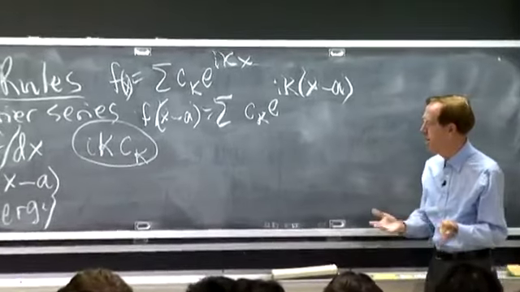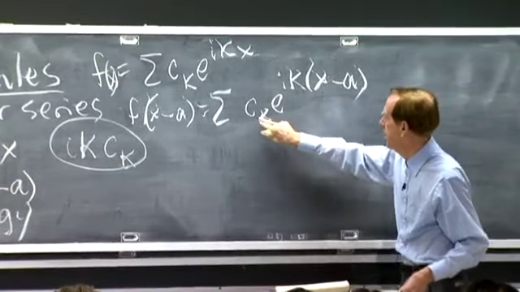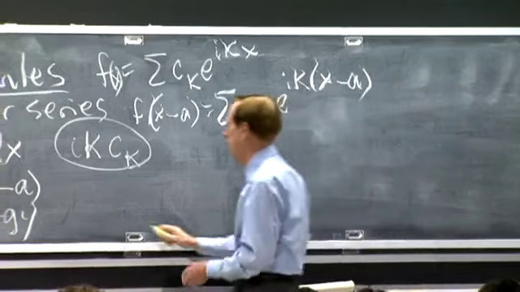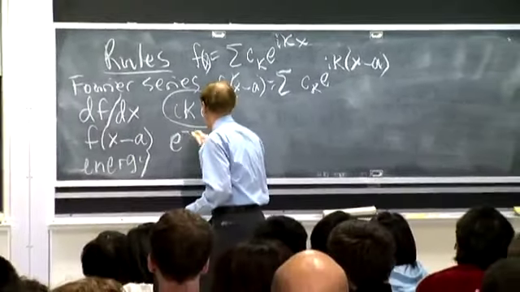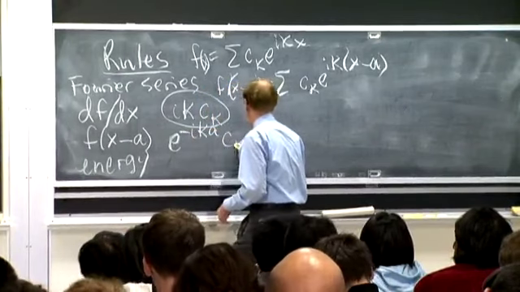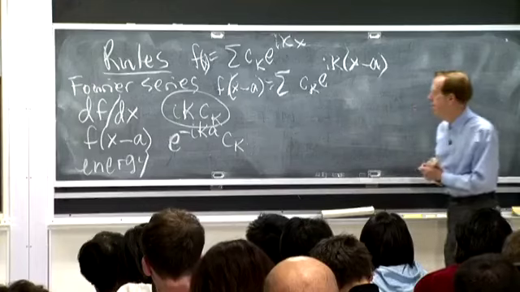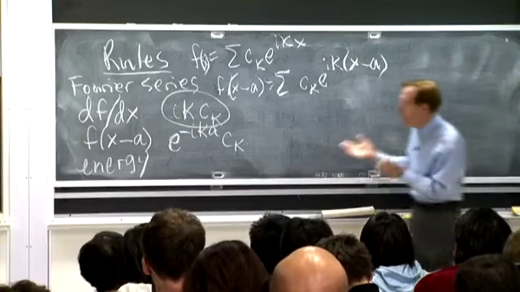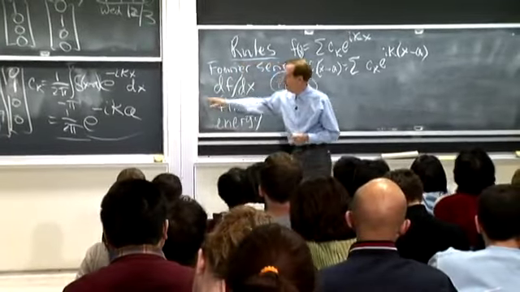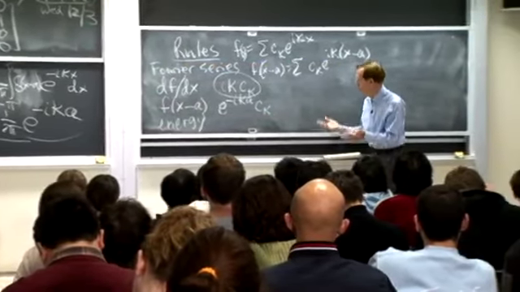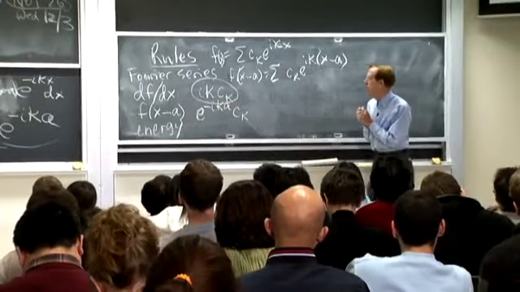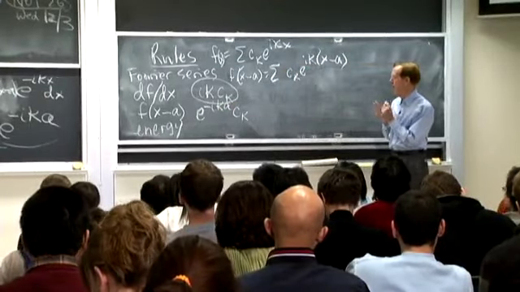Whatever is multiplying it has got to be the Fourier coefficient, and we see it as ck times e to the minus ika. Right? And, of course, that's just what we found there, that when we shifted the delta, we multiplied by this modulation, this phase factor came into the Fourier coefficients.